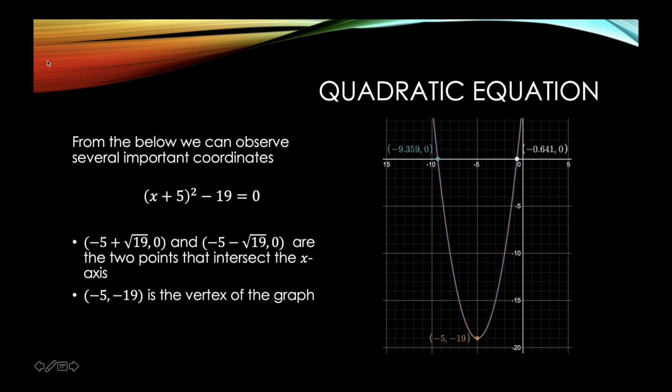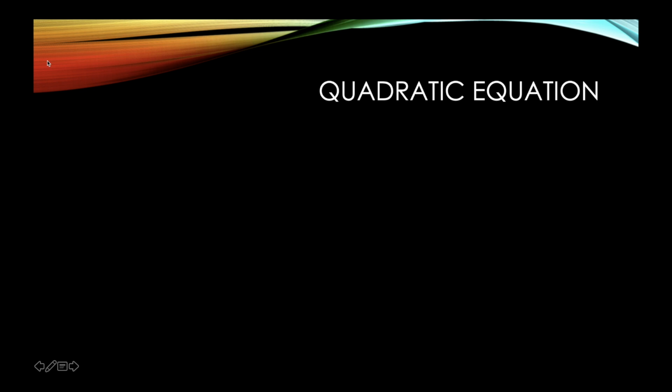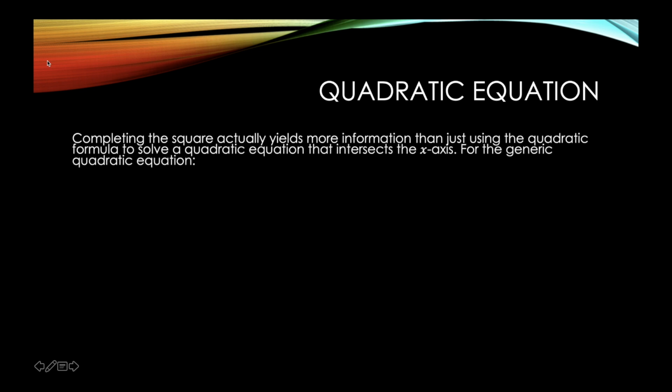So this graph looks exactly like this, where the 2 points, minus 5 plus root 19 and minus 5 minus root 19, are the 2 points where it crosses the x-axis, and minus 5, minus 19 is the turning point on that graph.